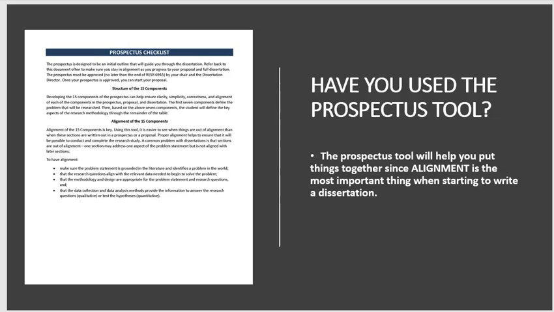In fact, after 694A, it's expected that you get your prospectus approved. You want to look at the prospectus components and make sure that your ideas from component 1 to component 15 are aligned, especially the problem, purpose, research questions, methodology, design, etc.